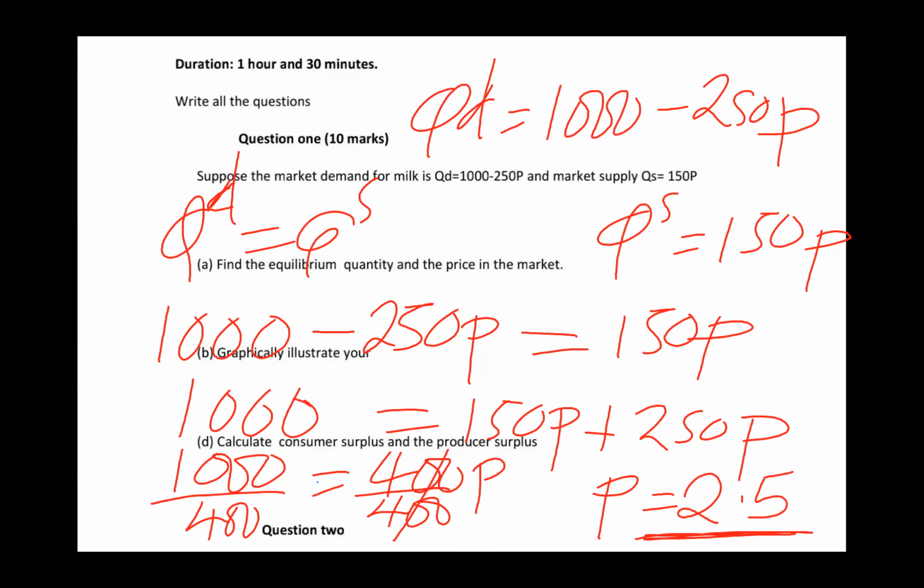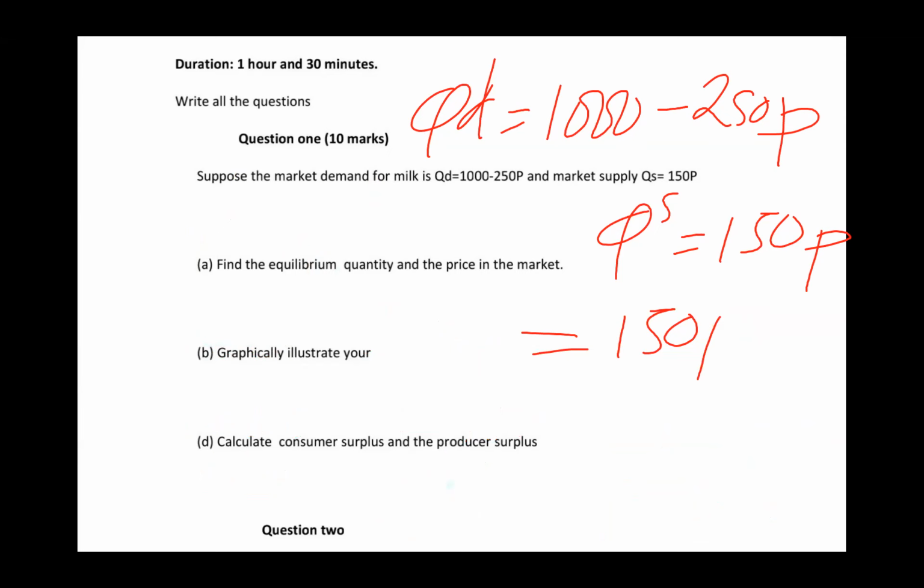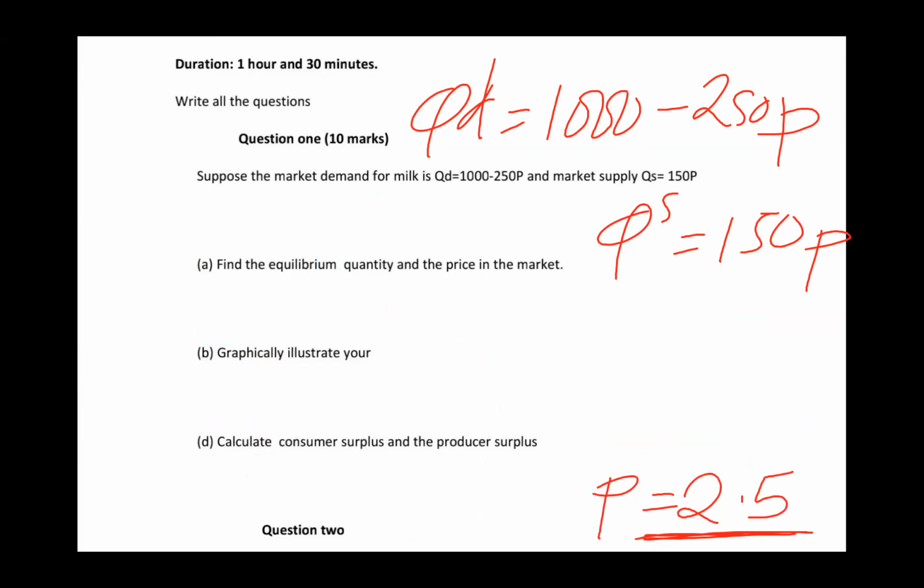Is there any question? Oh, there is no question. Now, we can find the equilibrium quantity using either of the two equations, the supply one or the quantity demanded one, the demand equation. You can choose the equation.